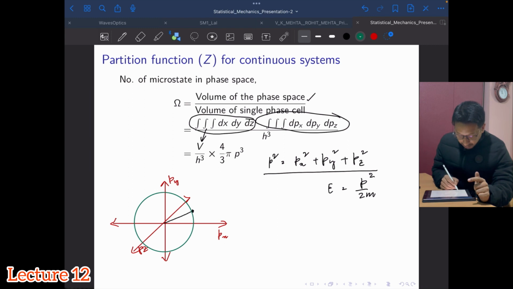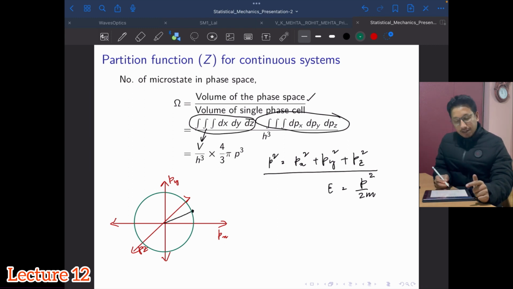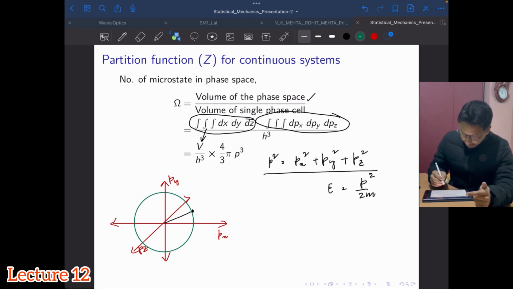The magnitude of the position vector is given by px square plus py square. Let me use a different color. So this is your p.